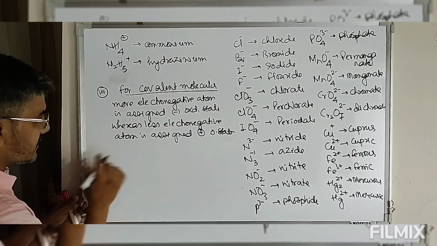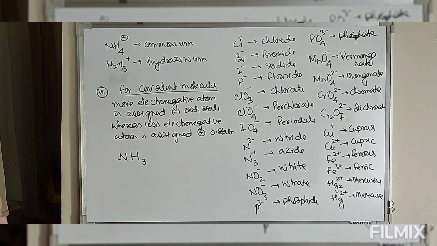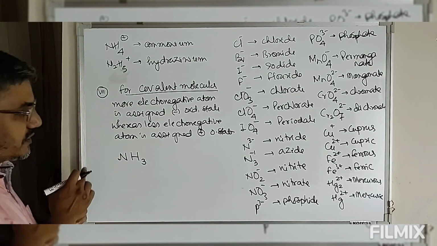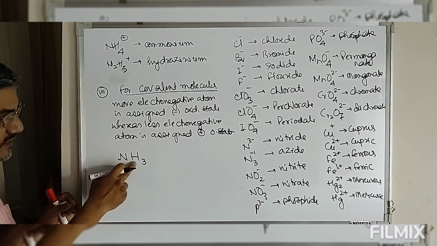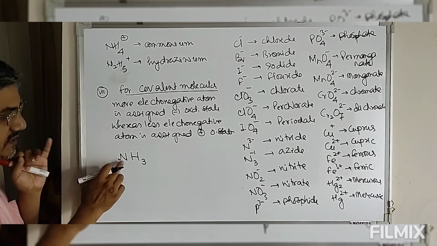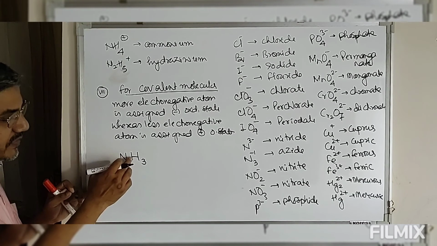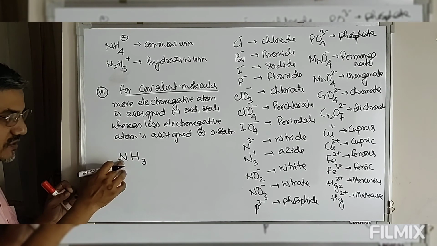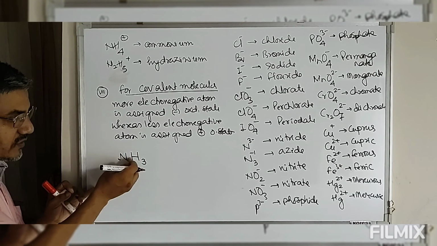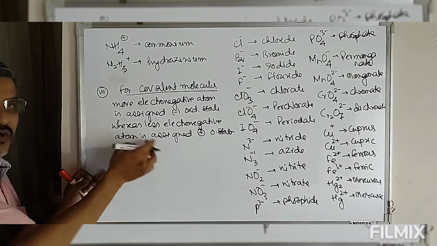Now let's take the case of NH3. In NH3 we have nitrogen and hydrogen. Hydrogen is less electronegative than nitrogen, so the shared pair of electrons will be shifted more towards nitrogen. So nitrogen will acquire negative charge and hydrogen will acquire positive.